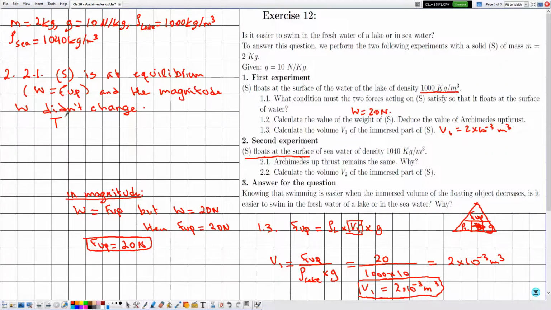Then the magnitude of Archimedes upthrust remains the same.